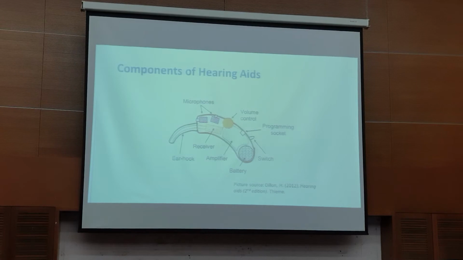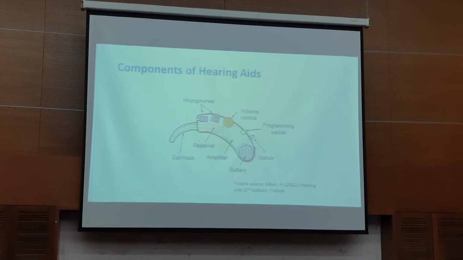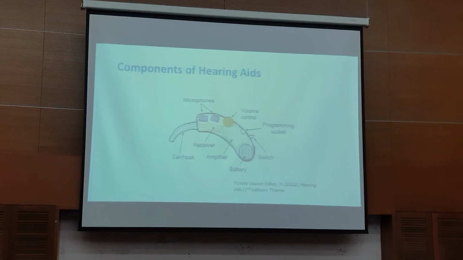Noisy background? Yeah, okay. I'm talking about when you have conductive losses, the problem is really where? Outer ear, middle ear, right? Okay. And the cochlea should be normal. So when we say normal, what does it mean? Normal cochlea means what?